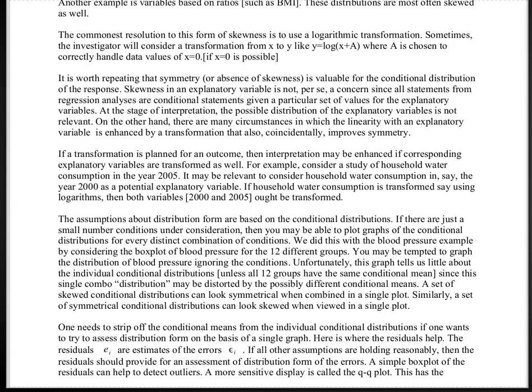However, you will see authors who will attempt to graph the distribution of the outcome ignoring the conditions. Unfortunately, this graph may tell us almost nothing about the individual conditional distributions, okay? This combination of all 12 of, say, for example, in the case of the earlier example we did, of just combining all of the data together into a single display may well be distorted by the possibly different conditional means.